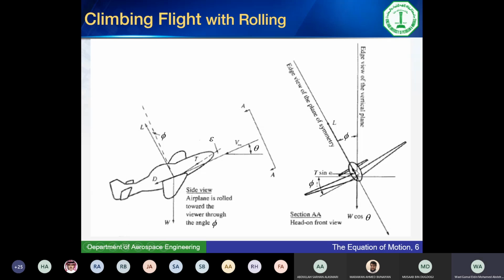Do you agree that this could be our thrust vector or not? Because if the thrust is along the flight direction, you will see the thrust vector as a point. No, it's not in our direction. It's up. It has a component that's up. You see this T? It has two components, one forward and one upward, right? Yes.